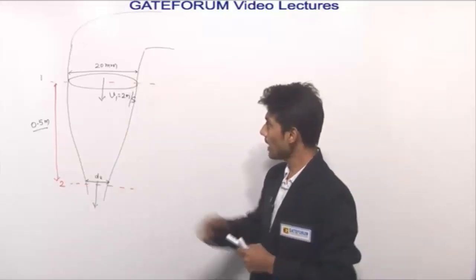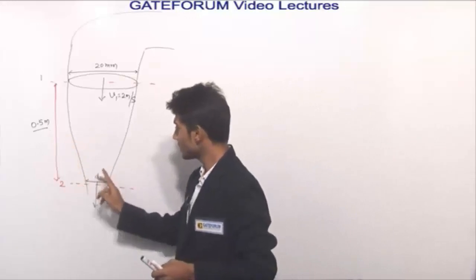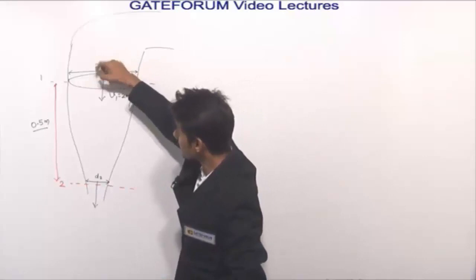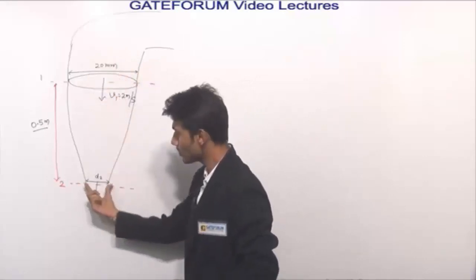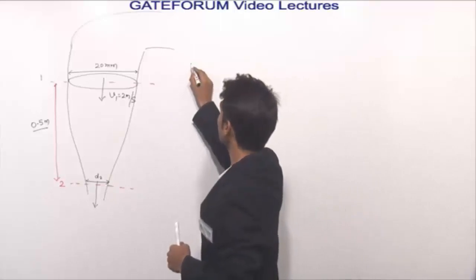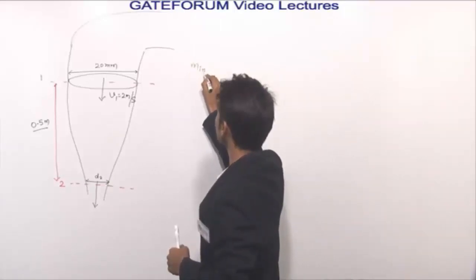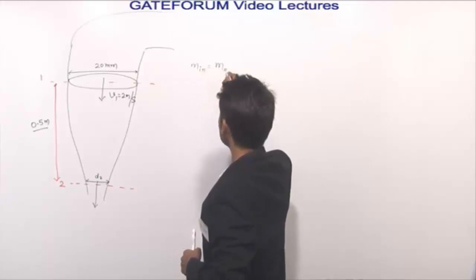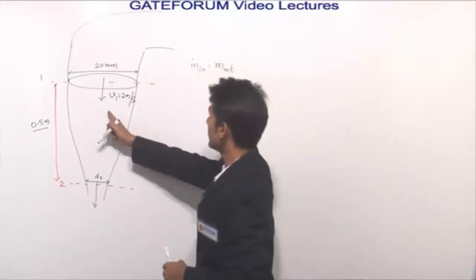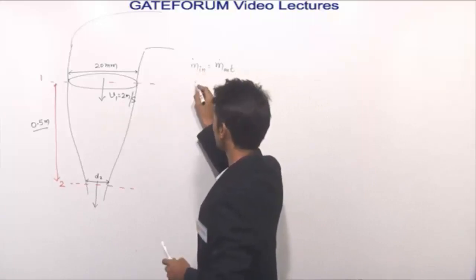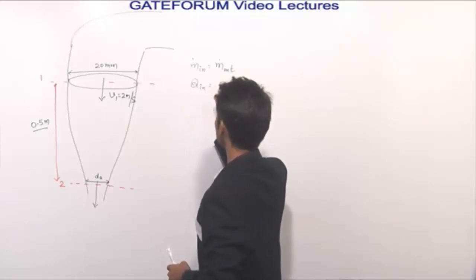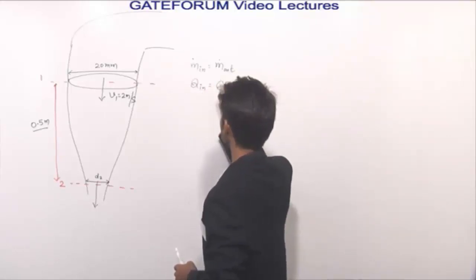Now how to calculate the diameter? We know already that whatever mass is coming out of this tap, the same mass will be going through point 2. So mass conservation, or the equation of continuity, we can write as mass in is equal to mass out, per unit time. Density is the same, so discharge in is equal to discharge out.